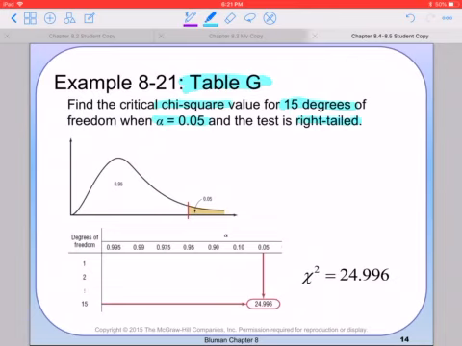So you draw a chi-square. There we are, it's right tail, so we know our area is 0.05, and that means the remaining area is 0.95. Now, the thing to remember, too, for table G is that instead of doing the area to the left, it tells you the area on the right.